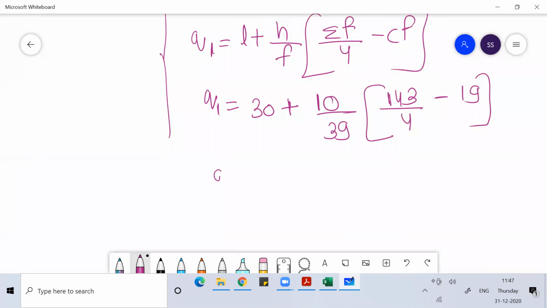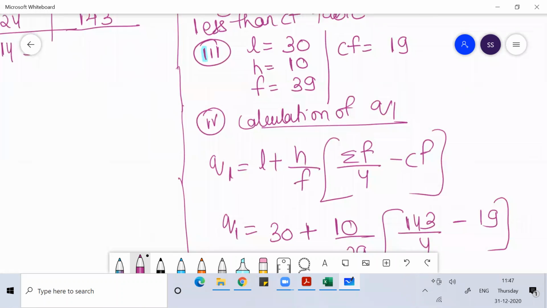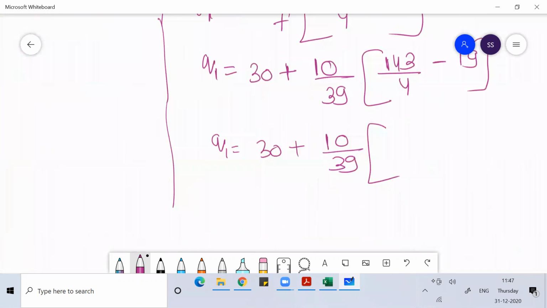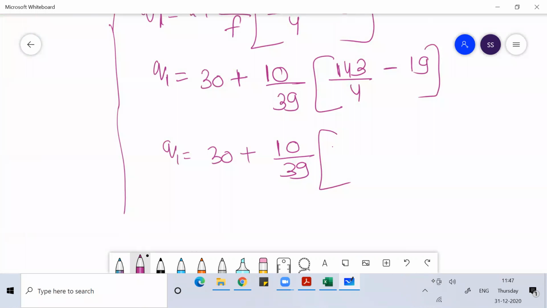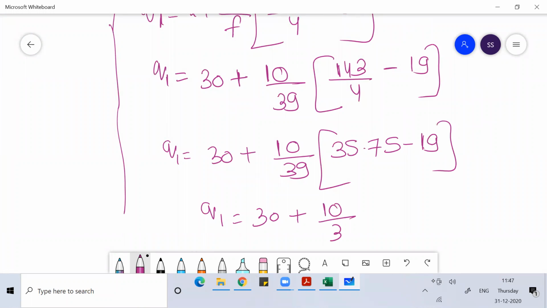So Q1 is equal to 30 plus 10 by 39, times sum of f by 4, that is 143 by 4, which is 35.75, minus 19. So Q1 is 30 plus 10 by 39 into 35.75 minus 19, that is 16.75.